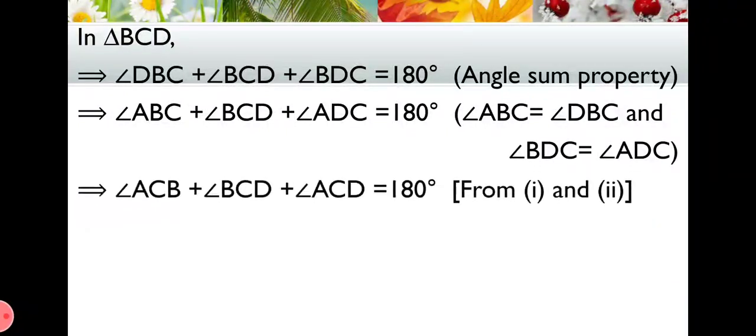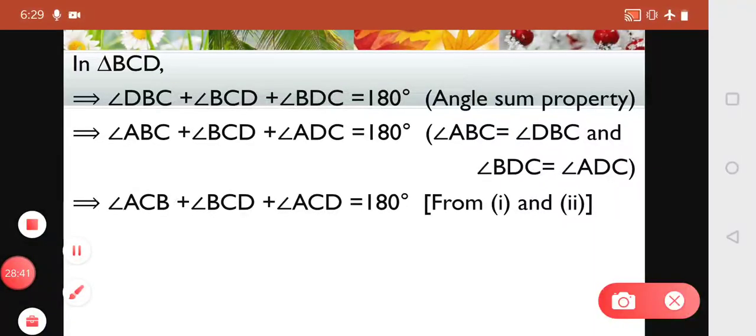Now again angle ABC we have written as angle ACB. Why? Because in equation 1 we got angle ABC equal to angle ACB. These both angles are equal. So in place of angle ABC we have written angle ACB, because these both angles are equal according to equation number 1. Angle BCD as it is plus angle ACD.